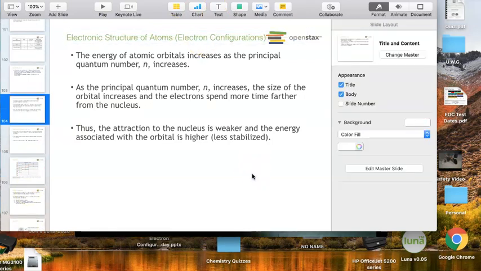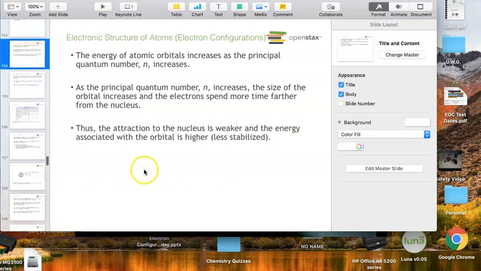So we know that the energy of atomic orbitals increases as the principal quantum number n increases. As n increases, the size of the orbital increases and the electrons spend more time farther from the nucleus. Thus, the attraction to the nucleus is weaker, and the energy associated with the orbital is higher and less stabilized.